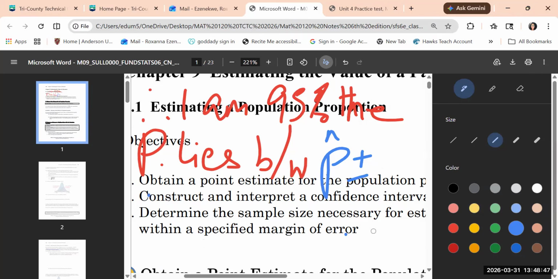So the population proportion is equal to point estimate plus or minus margin of error. If I add margin of error to p hat, then it's going to be the upper bound. If I subtract margin of error from p hat, it will be the lower bound.